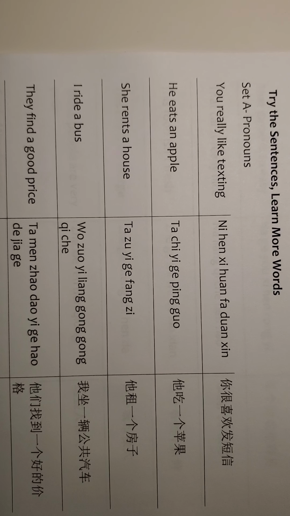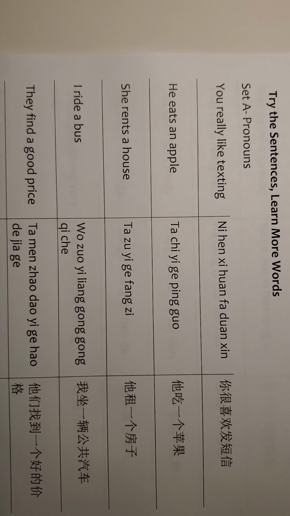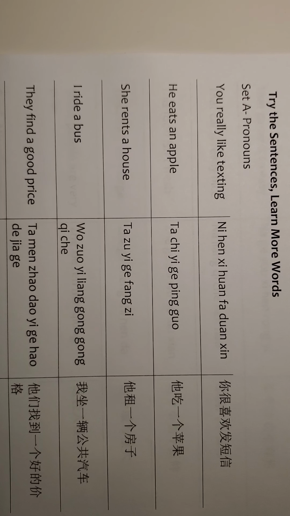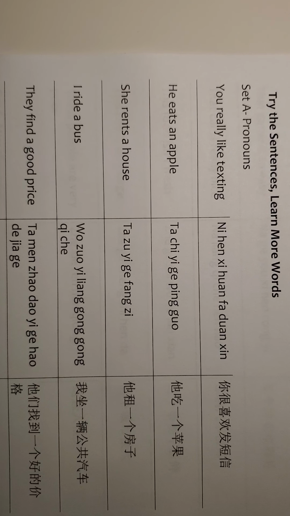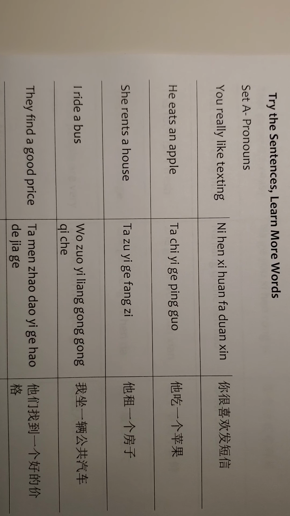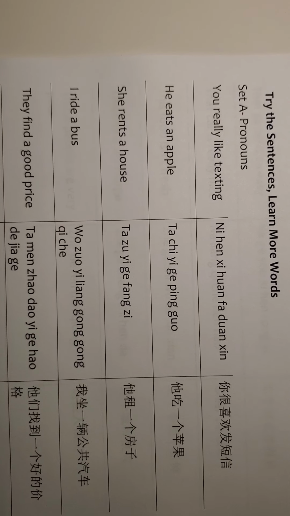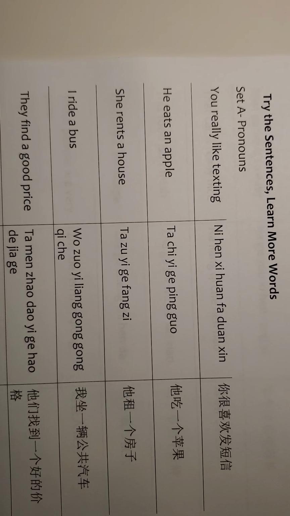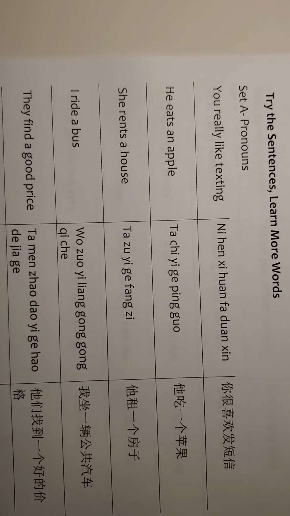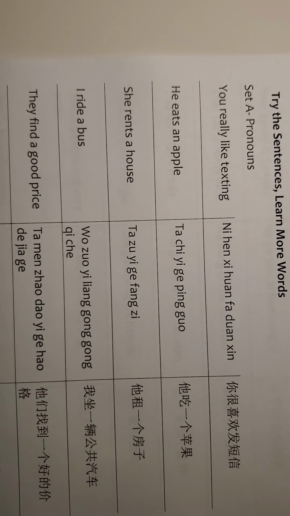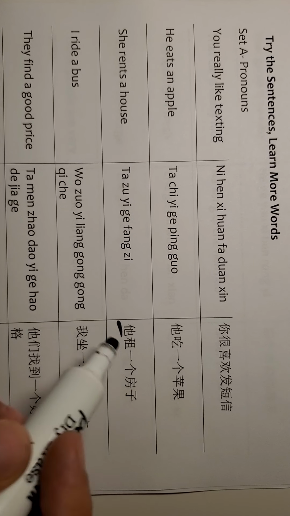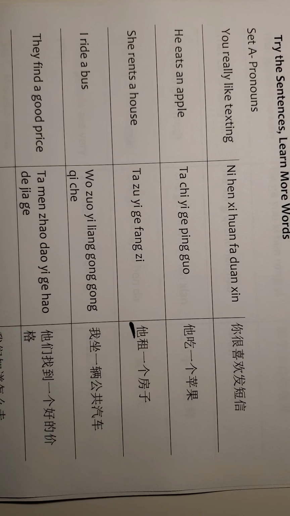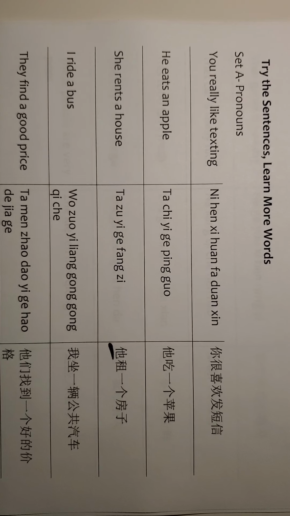你很喜欢发短信. I think that's okay. 他吃了一个苹果. 他租了一个房子. This should be, I said she in the English, so that should be a different character. That should be the ta for she. 他租了一个房子.